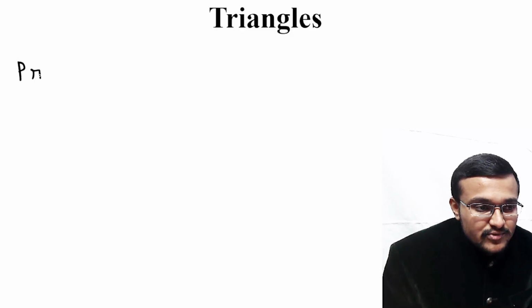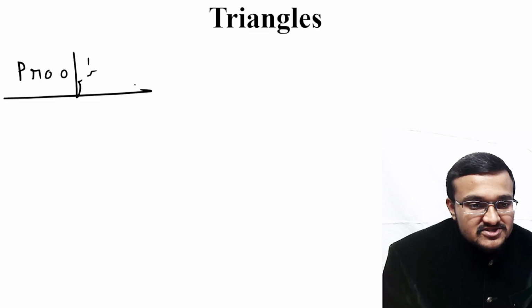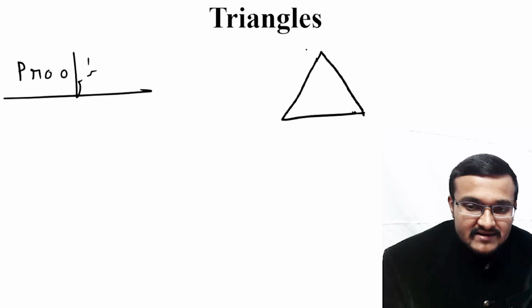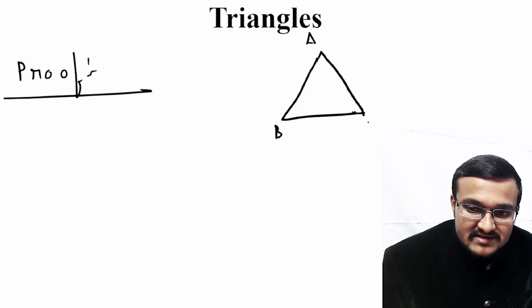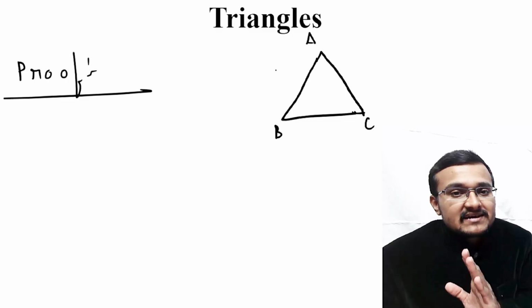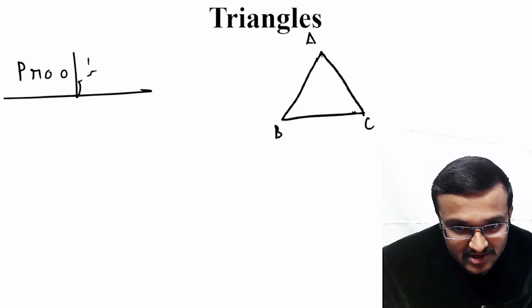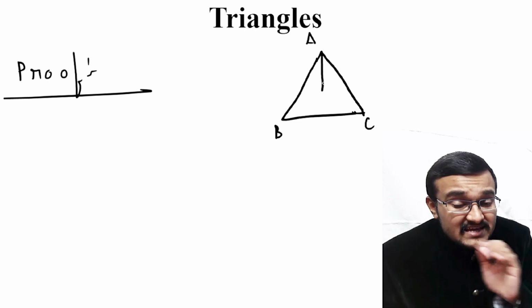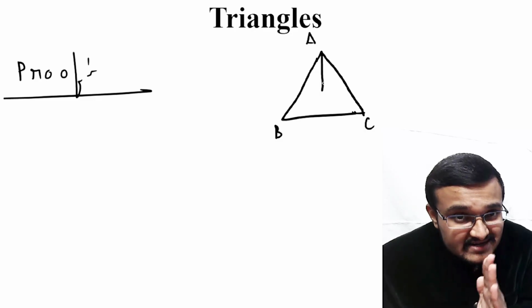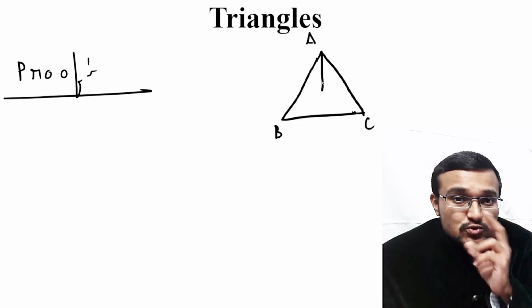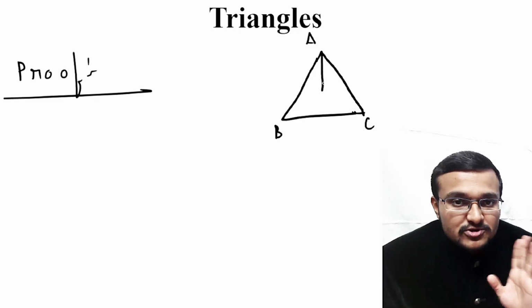So we will look into the proof. Now we will construct this triangle one more time. We'll take triangle ABC. I am just writing the smaller triangle ABC. Now draw a bisector for angle A. Let me draw a bisector for angle A. Whenever I use the word bisector, that divides one thing into two different halves which are equal to each other.